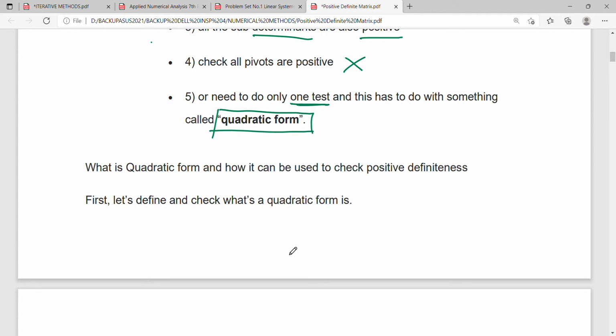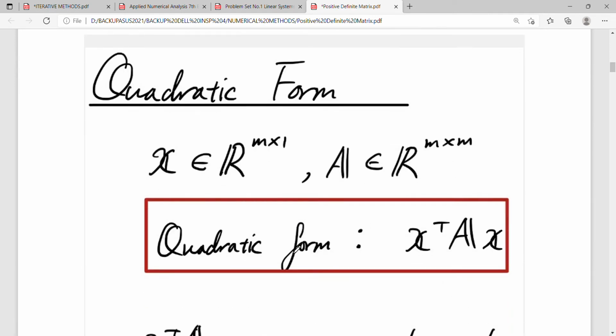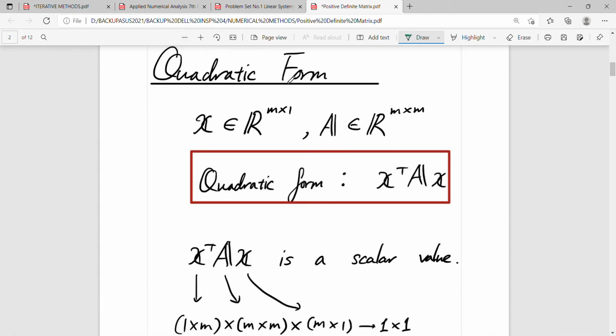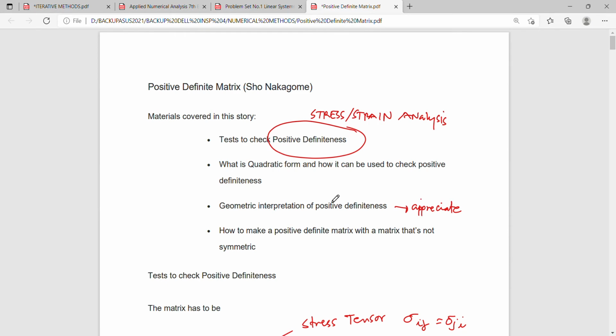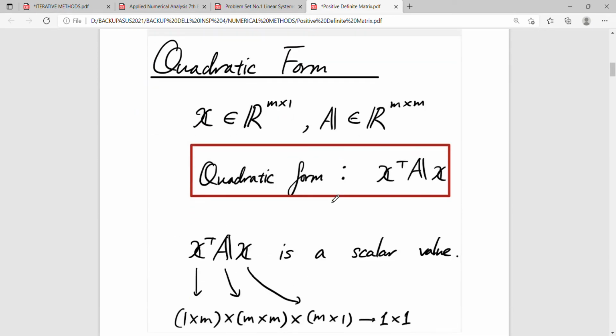First, we, of course, define what a quadratic form is, and this is the main formula used by Shaw Nakagome on what a quadratic form is all about.